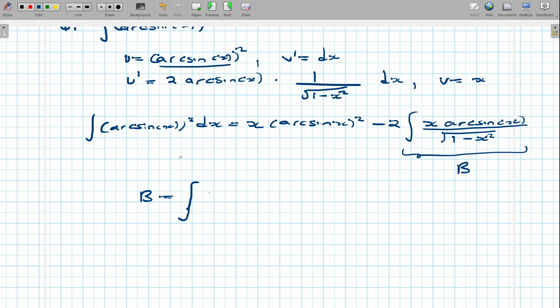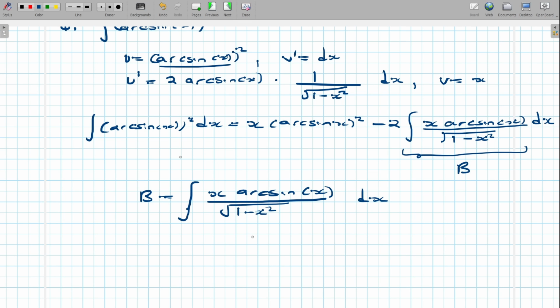So all we have to do here is, let me first write. Now we have our b is the integral of x times arc sine of x, divided by root of 1 minus x squared, dx. So let's put the dx here, like so.